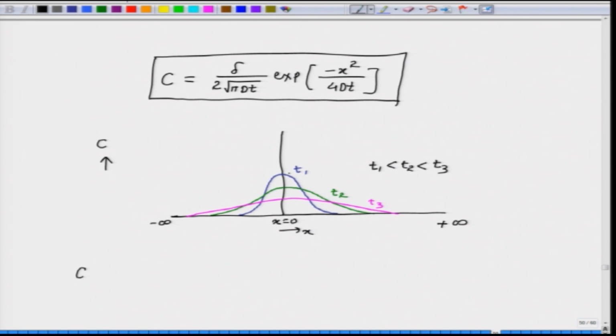It is at x equal to 0, right. So, if you substitute x equal to 0 in this equation, C naught is equal to delta by 2 root pi dt. So, we are seeing it is as 1 by root t. So, it should decrease with time.